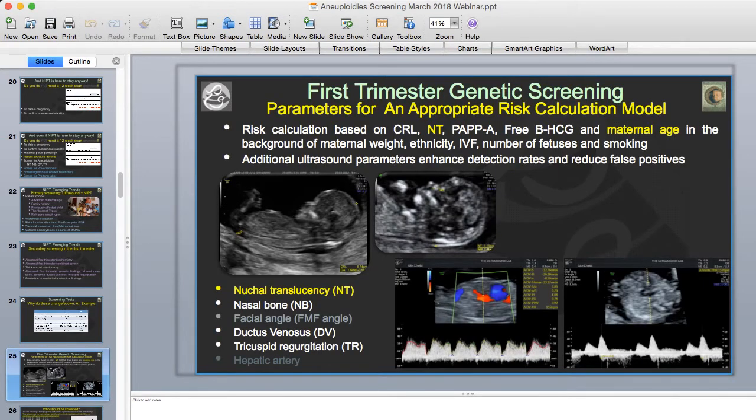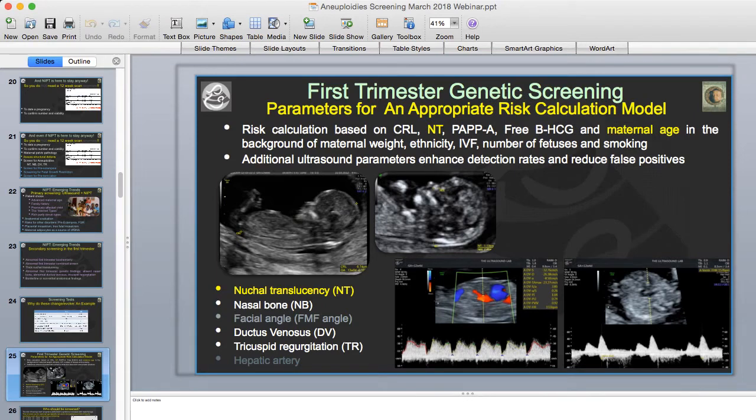Now, the calculation of what are the chances of having Down syndrome are based, of course, on ultrasound markers predominantly, because as you realized, that is what gives us a great base by itself to go by. Maternal age plus nuchal translucency, giving you a screening and detection rate of about 80%.